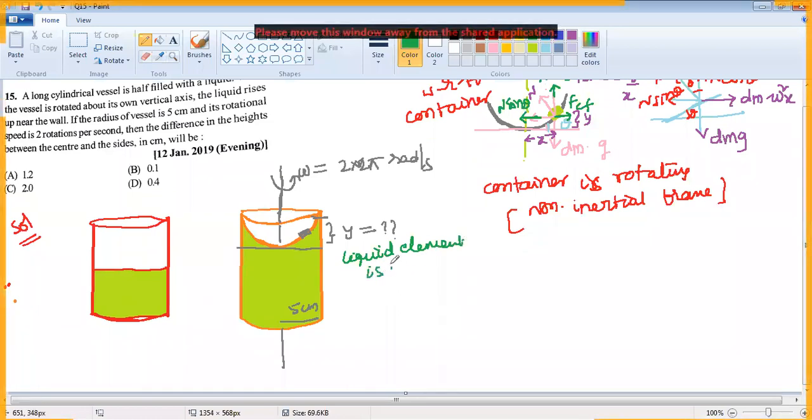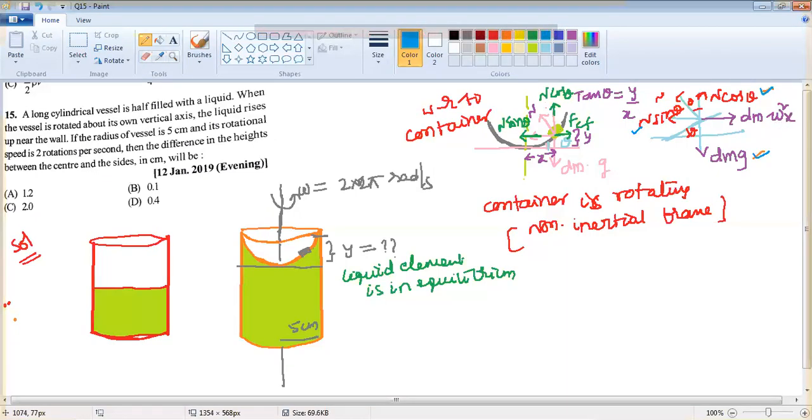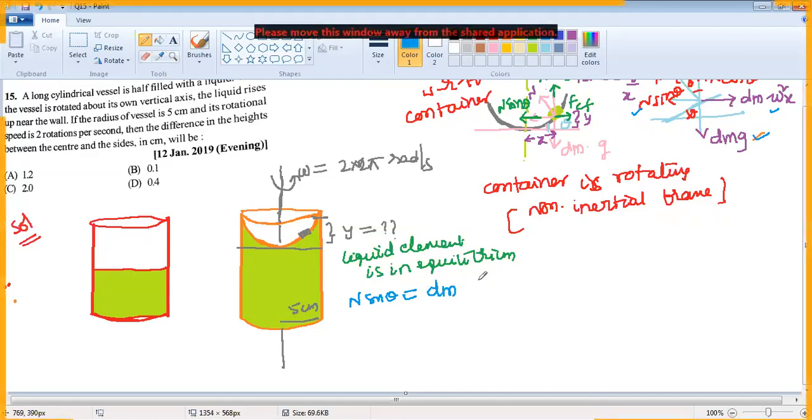N cos theta is balanced by the mg, and n sin theta is balanced by the centrifugal force. Do you understand the point now? Yes, sir. So n sin theta is balanced by the centrifugal force, dm into omega square x.